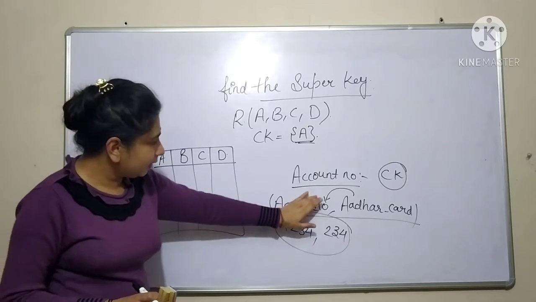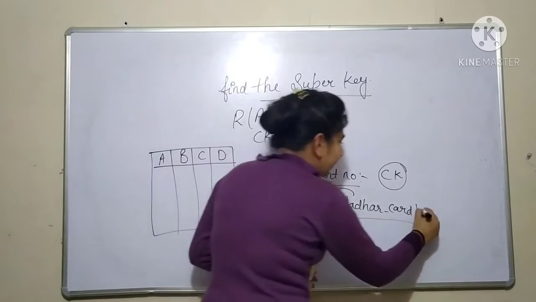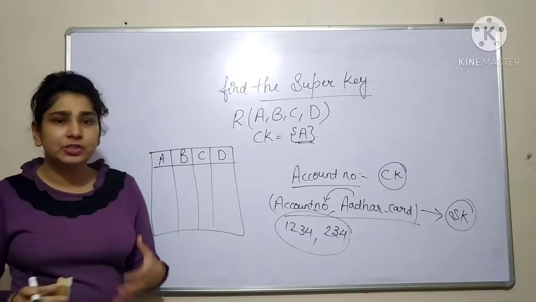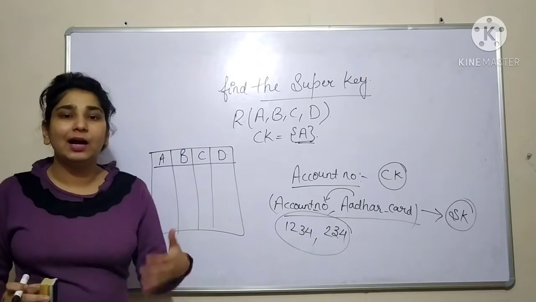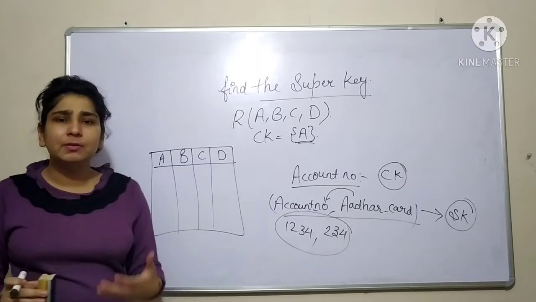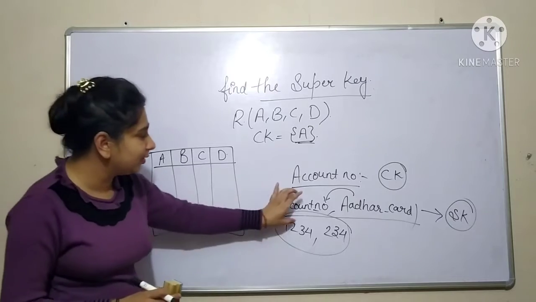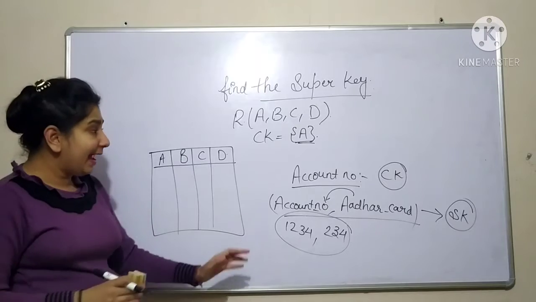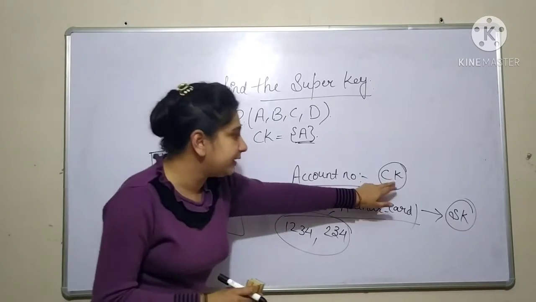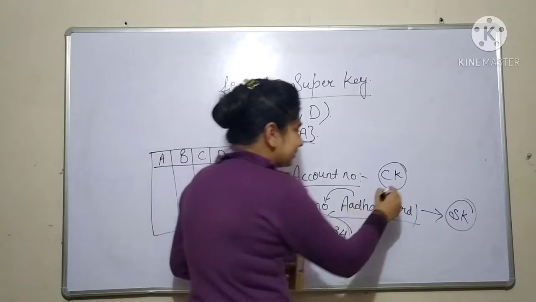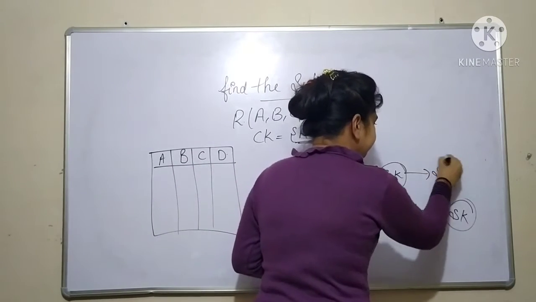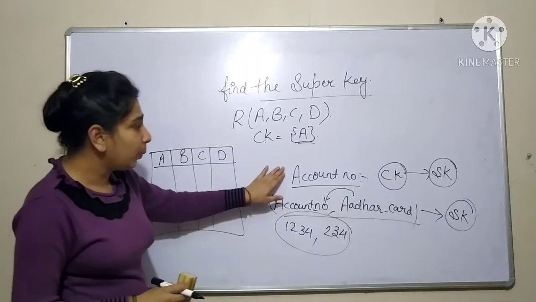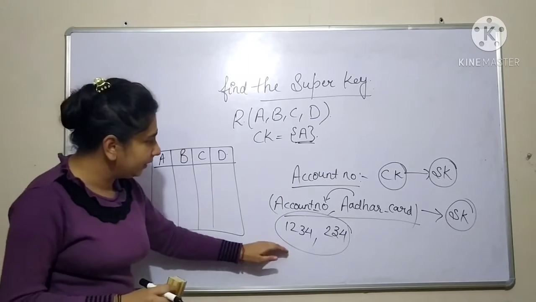So this is actually your super key: adding some additional information to the key attribute, we call it a super key. And each and every candidate key we can also call a super key. I hope you are now clear with candidate key and super key.